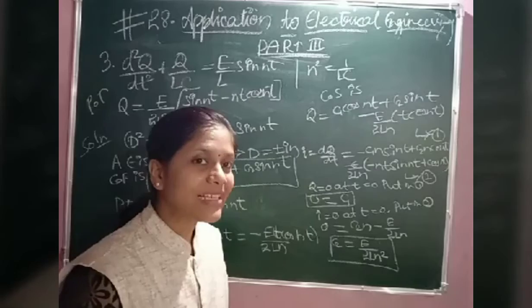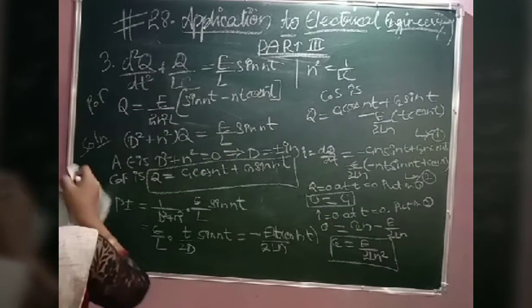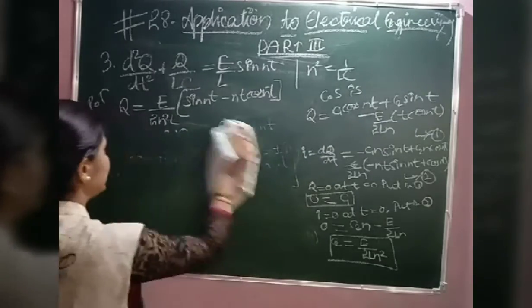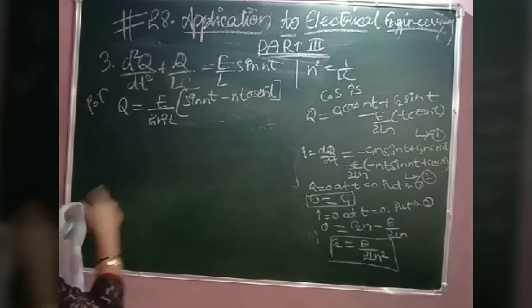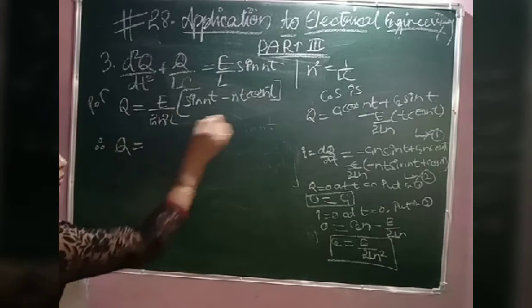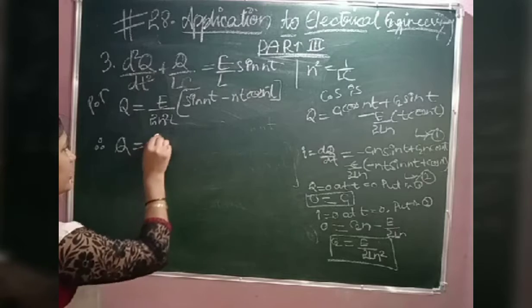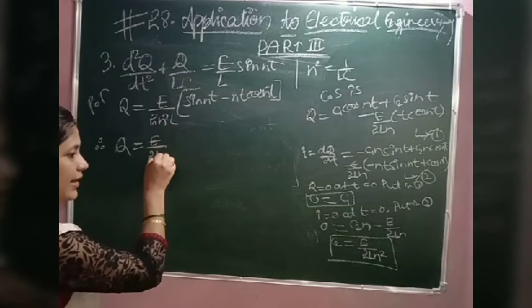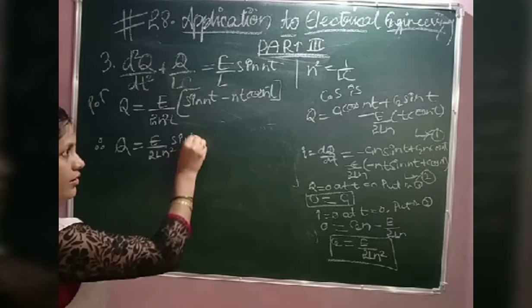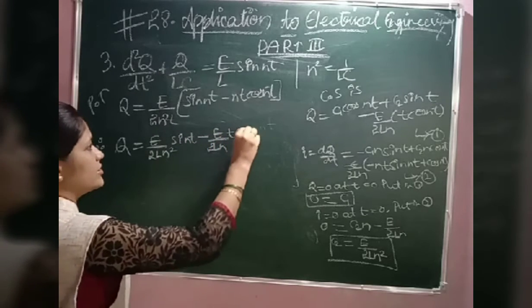Substituting C1 and C2 in equation number 1, what do we get? Q equal to C1, which is nothing but 0, plus C2, which is E by 2L N square sin Nt, minus E by 2L N t cos Nt.